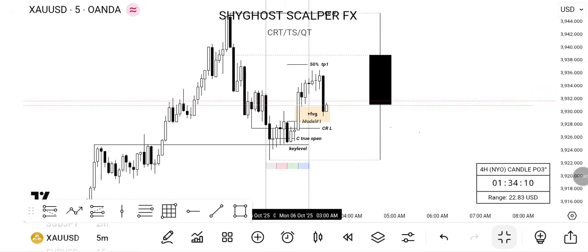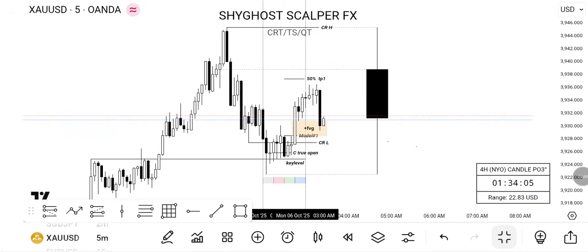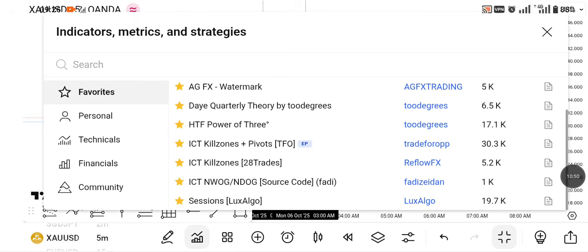Then after this, what do we do next, right? After we've confirmed that, we put in the new week opening gap indicator, which is this one.